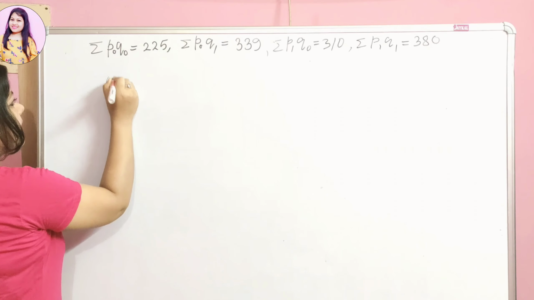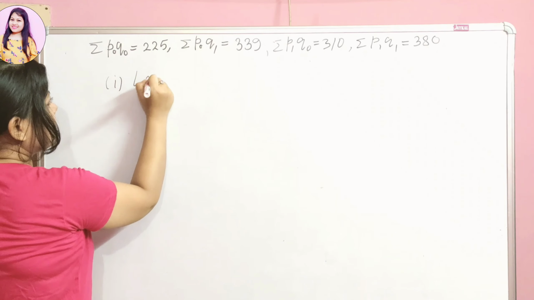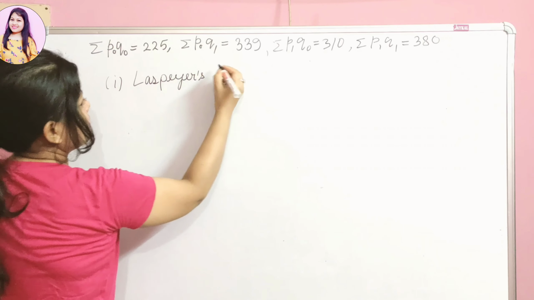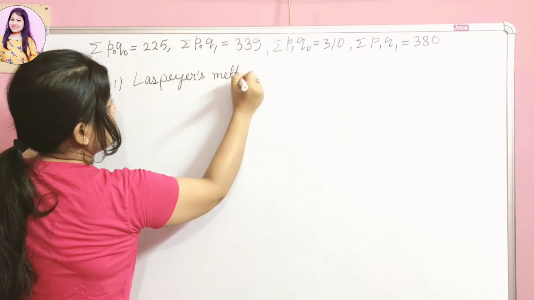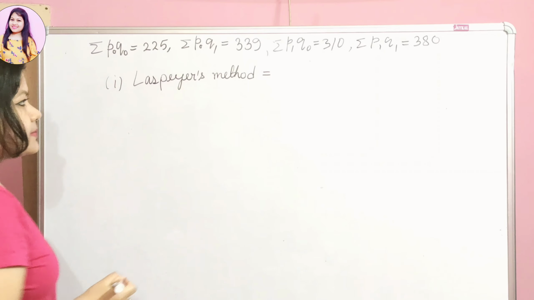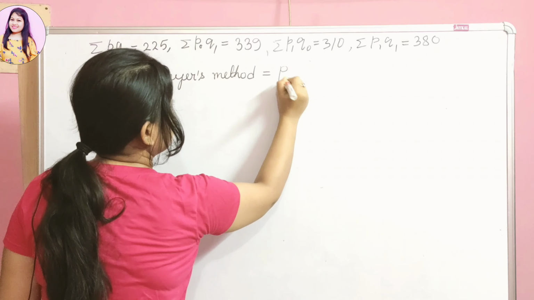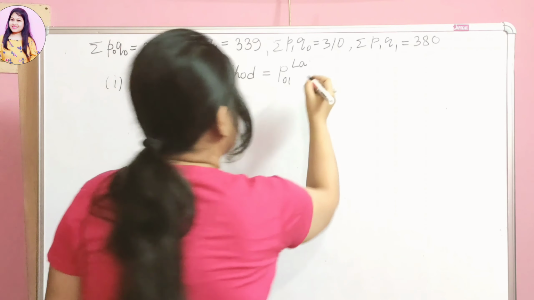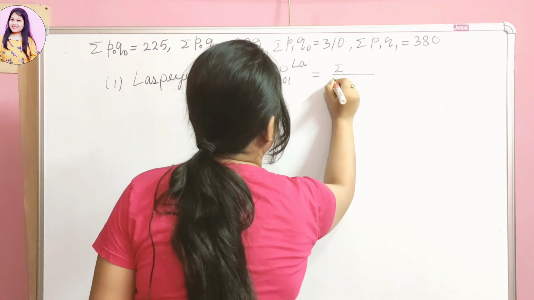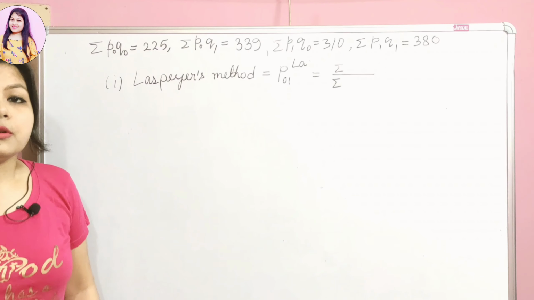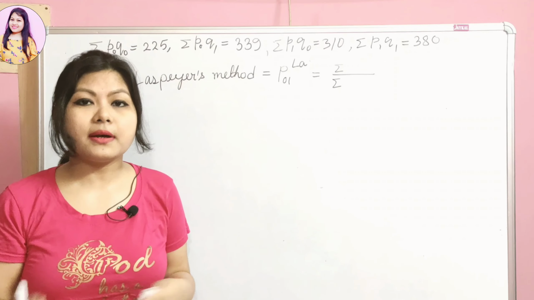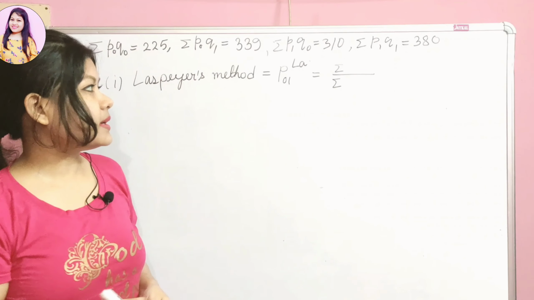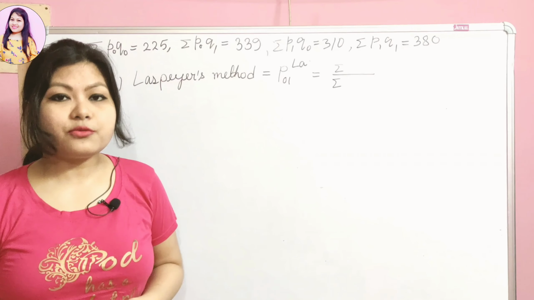First of all, we will find the index number by Laspeyres' method, denoted by P01 L. The formula is summation of... there is a very easy way to remember the formulas for the index number, because when you are solving index numbers there are many different formulas.